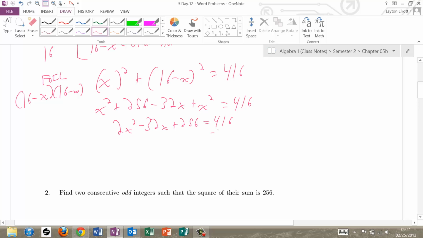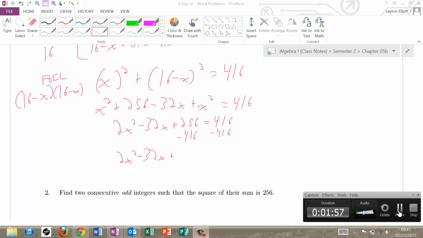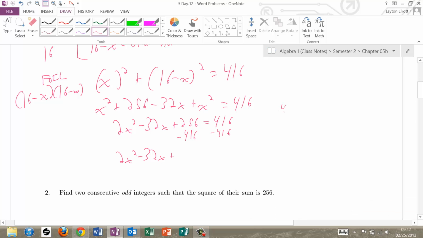Let's subtract 416 from both sides, and I get 2x squared minus 32x plus 256 minus 416, which is negative 160, equals 0.